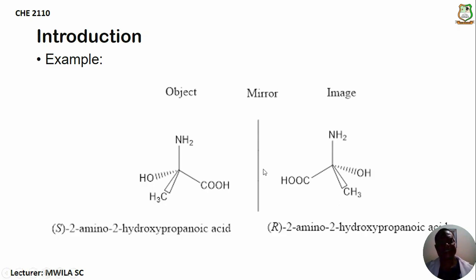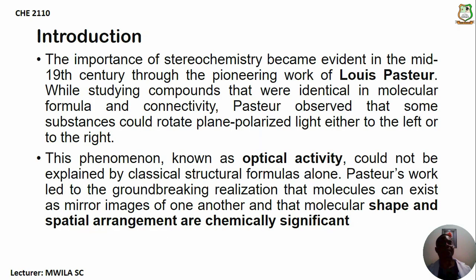Okay, let's proceed now. What is the history of stereochemistry? How did it start? Stereochemistry began with Louis Pasteur. He did experiments on compounds that were identical in molecular formula and connectivity.